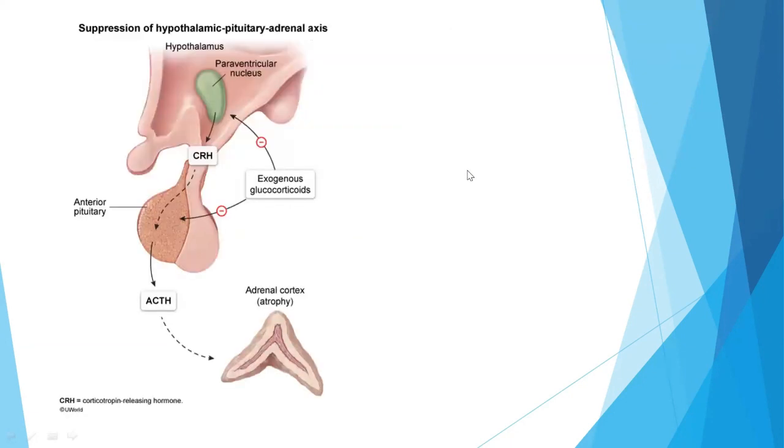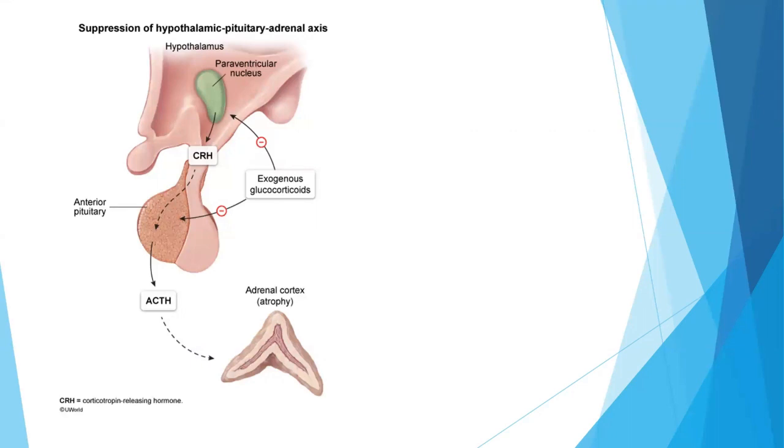Before you move forward with the answer, the first thing you need to do is understand the suppression of the hypothalamic-pituitary-adrenal axis. Whenever we prescribe the patient exogenous glucocorticoids, they will ultimately have a negative feedback on the paraventricular nucleus of the hypothalamus and also the anterior pituitary. That will lead to suppression of ACTH release.